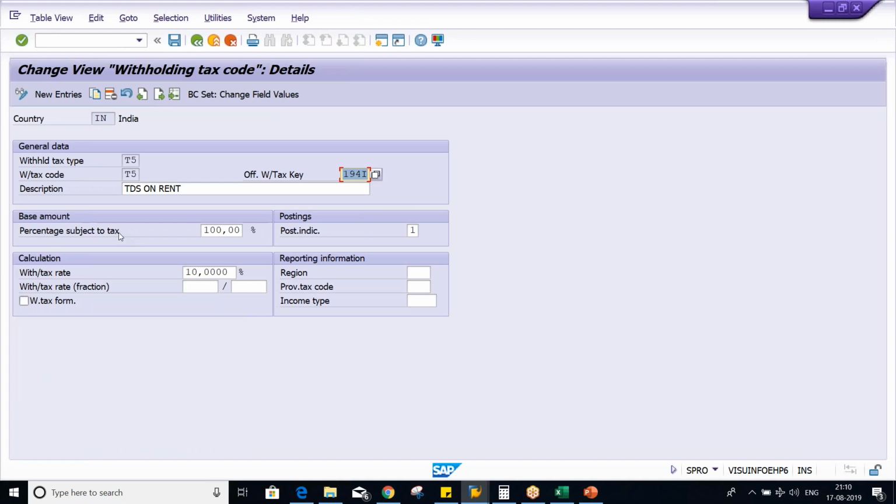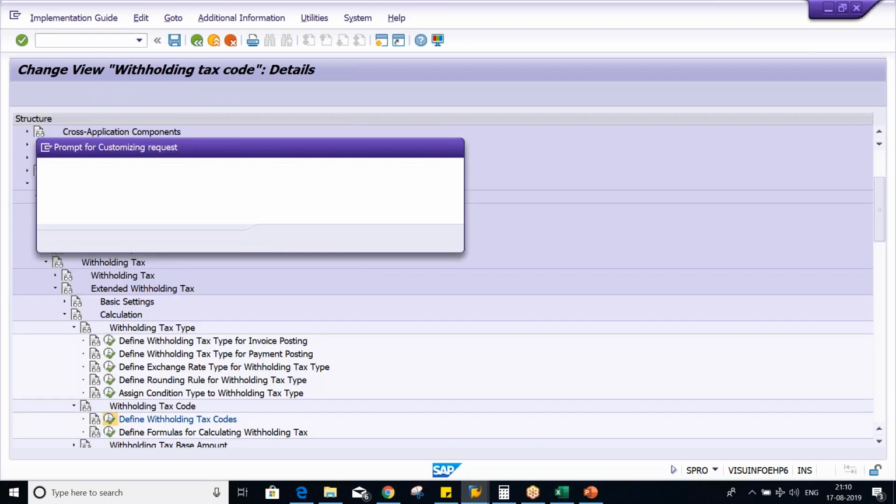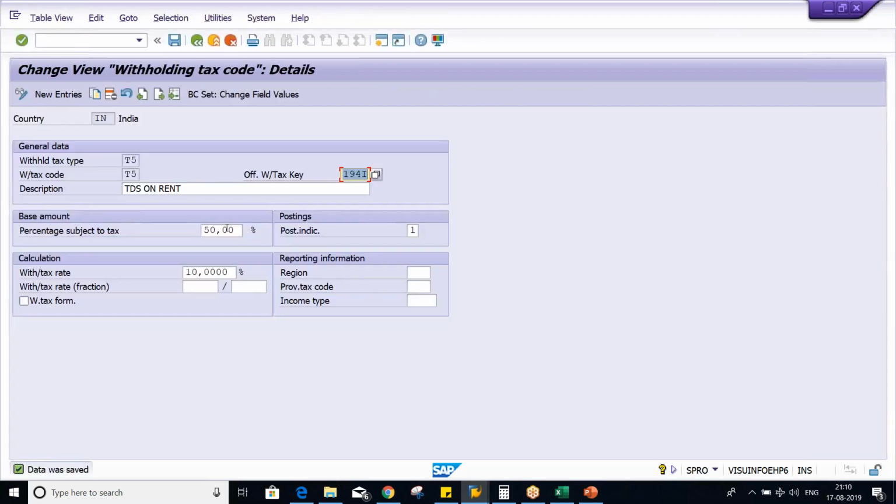Okay, percentage subject to tax in the sense what percentage of base amount, look at here also it is written base amount, right? What percentage of base amount is subject to tax. So here if I say 50% of base amount is subject to tax, let me save it. Okay, here I have given 50%. It means what? 50% of base amount is subject to tax.